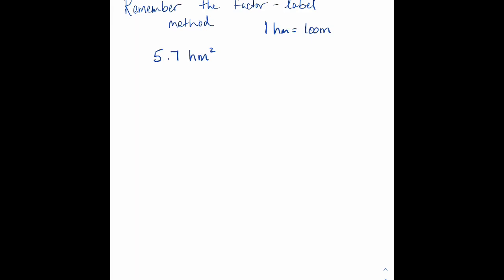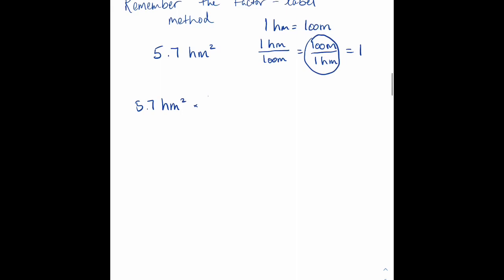So I can use this conversion factor of 1 hectometer over 100 meters, or 100 meters over 1 hectometer, and those are both equal to 1. So I could multiply by that. So 5.7 square hectometers times, well, I want to be able to cross out hectometers, so I want to use this one where they're in the denominator. So times 100 meters over 1 hectometer.